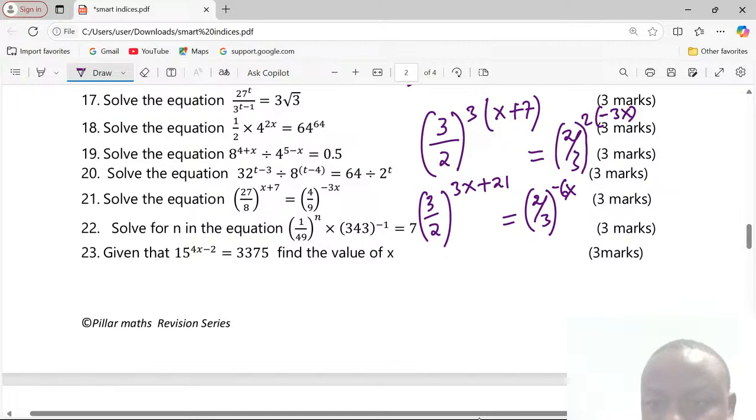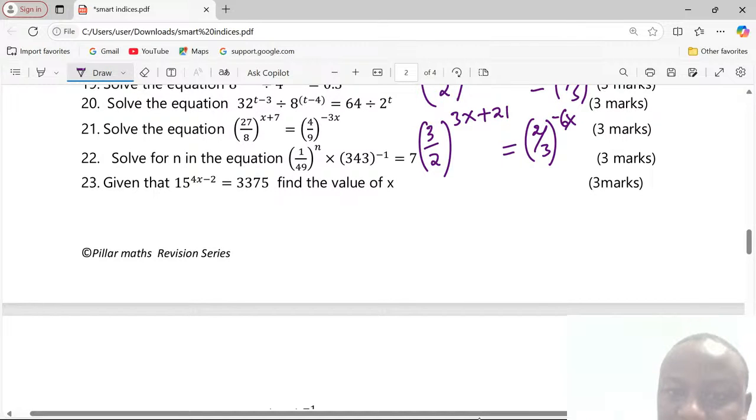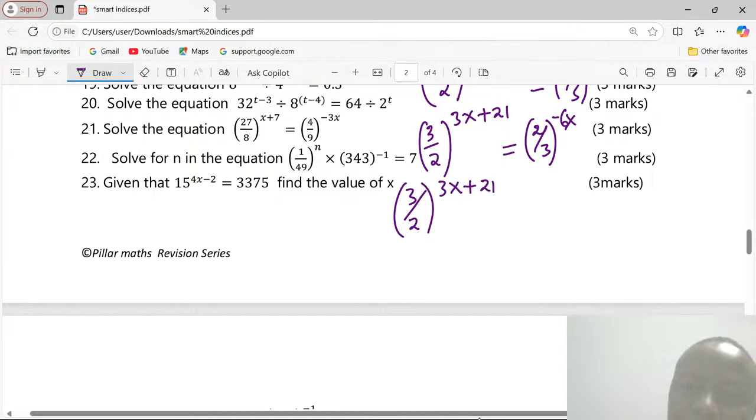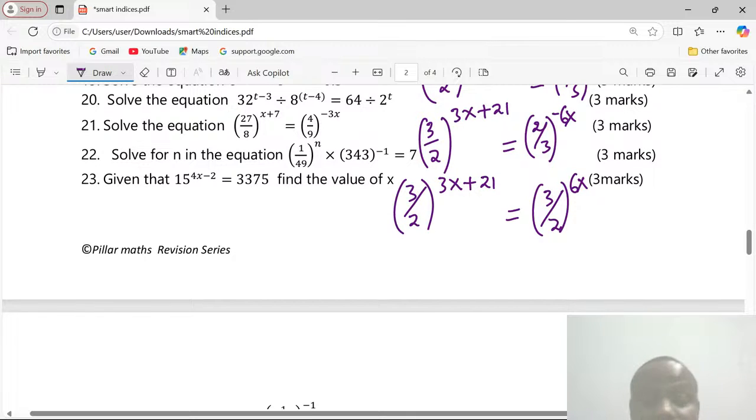Now with negative 6x, we need to apply the negative law of indices, whereby 3 over 2 remains to the power 3x plus 21. This is equivalent to taking 3 over 2 with the reciprocal, and the power becomes positive. The laws we were just applying.